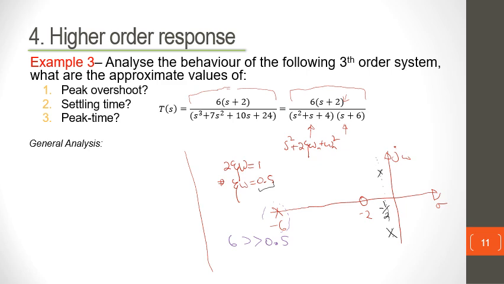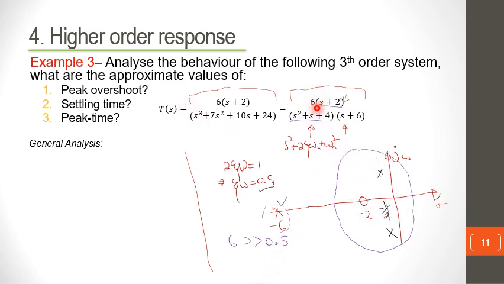Which means for this third order system, the behavior is going to be dominated by only these poles and that zero. That's what we know. So we can ignore the impact of this pole. So this one can be ignored. So we can approximate this transfer function just using those 2.